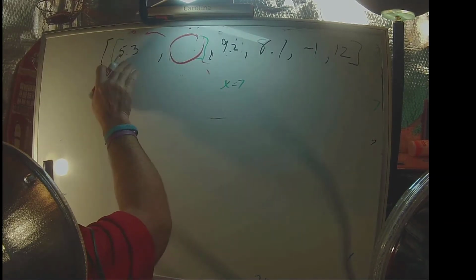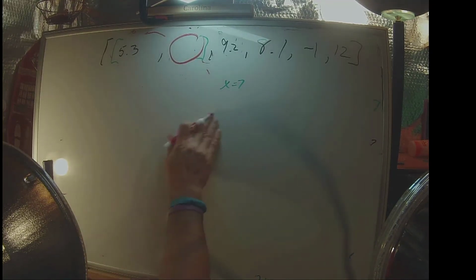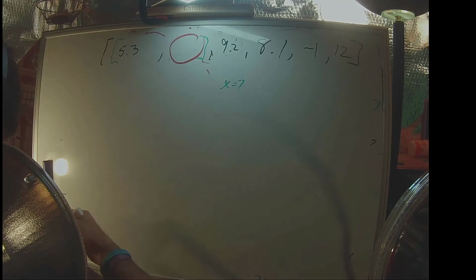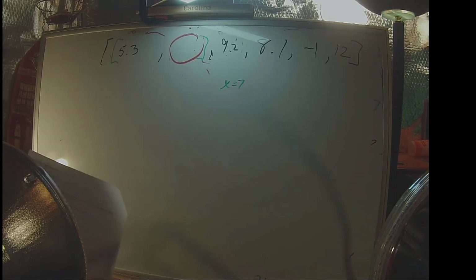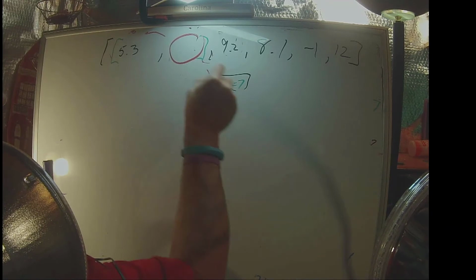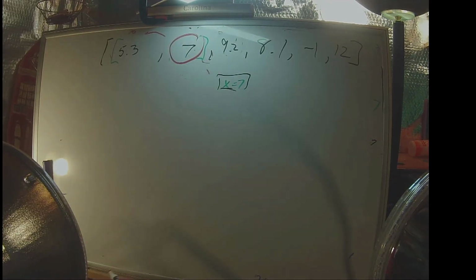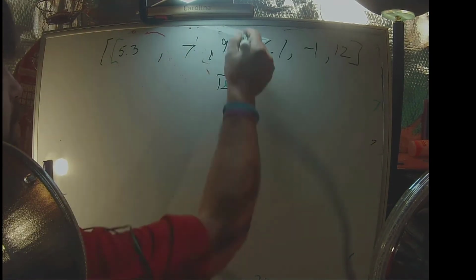Is 7 less than 5.3? Well, no. Since this was a sorted list, we now know that we can terminate looking as soon as we find a number that's less than our target number. We can terminate our iterations, and we know that our hole gets filled in with our target value. And now we have a conceptually 1 element bigger sorted list.